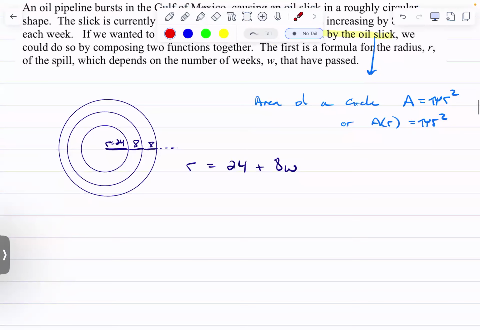Now, again, what's a fancy way that we could write this? R takes an input of w, so really we could write it as R as a function of w is 24 plus 8w.